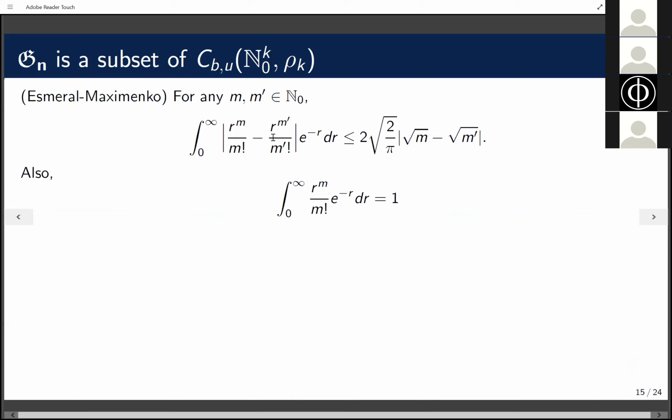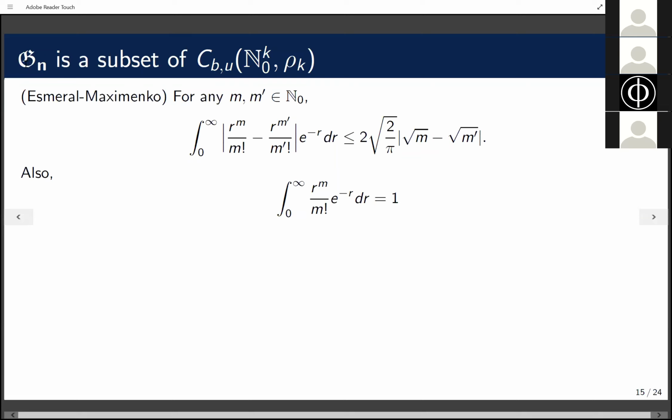So this minus r^m' divided by m' factorial, absolute value, times e to the negative r integrated from 0 to infinity, is bounded by 2 times this constant times the absolute value of root m minus root m prime. And this part is just a gamma function, which gives you m factorial, which cancels with m factorial, and you get just 1.